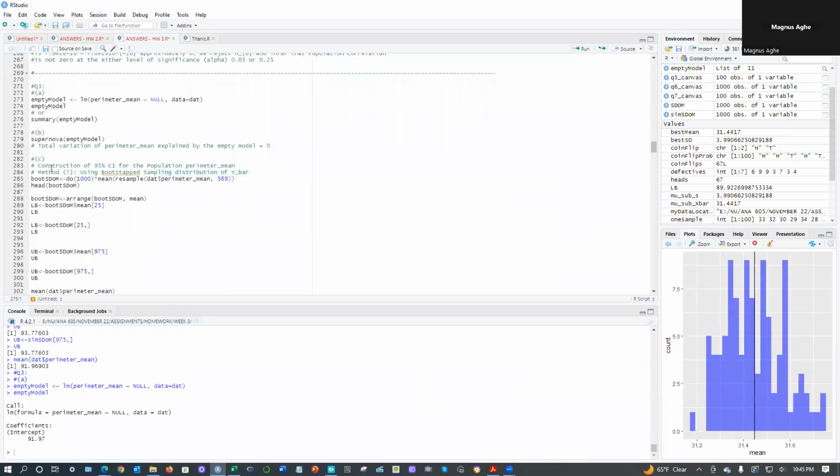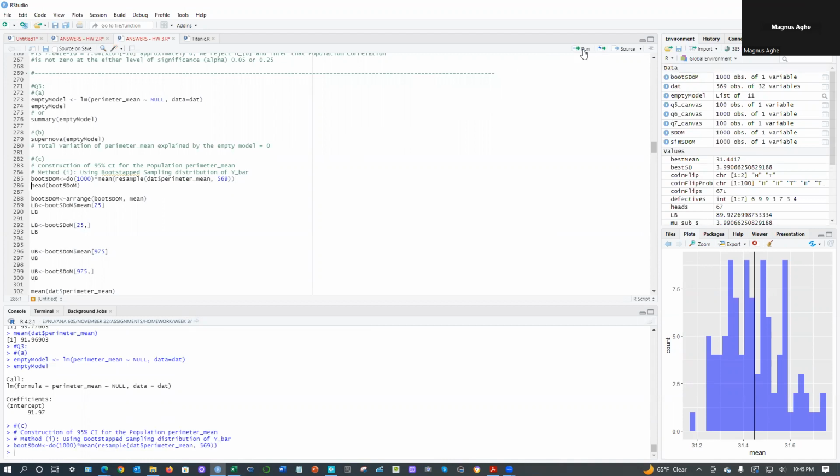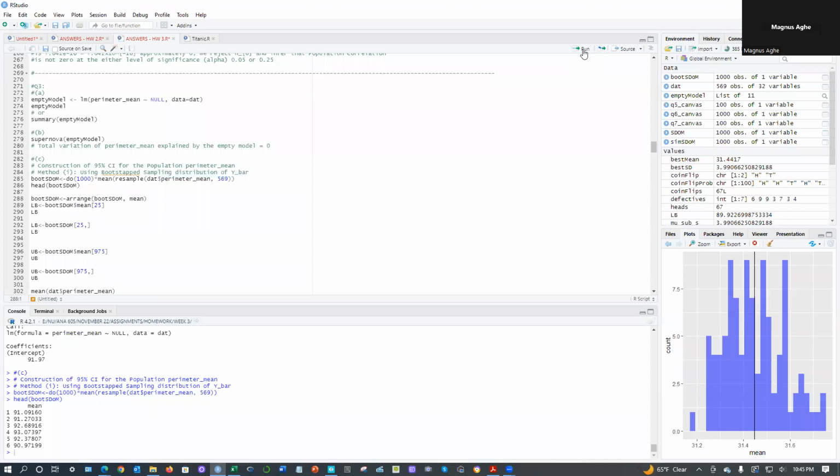Okay. First method, bootstrapping. I have 569. I go to resample, go to that data and get my variables, and generate one at a time. Then I arrange and put it back and find the lower bound. How? Go to the mean.